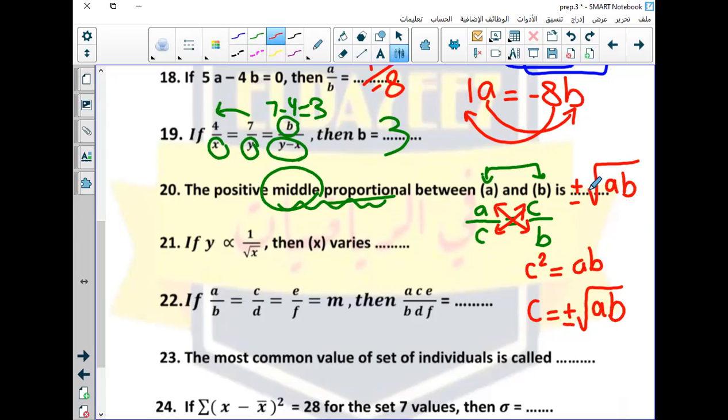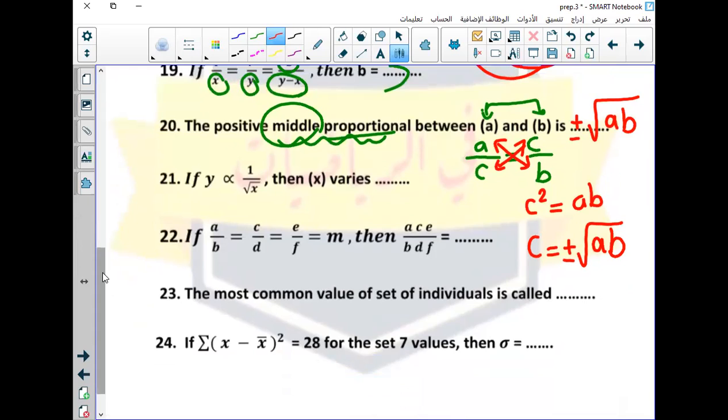Okay, number 21, y varies with 1 over root x, then x varies with, okay, by making a cross multiplication, this relation will be root x over 1 varies with 1 over y.